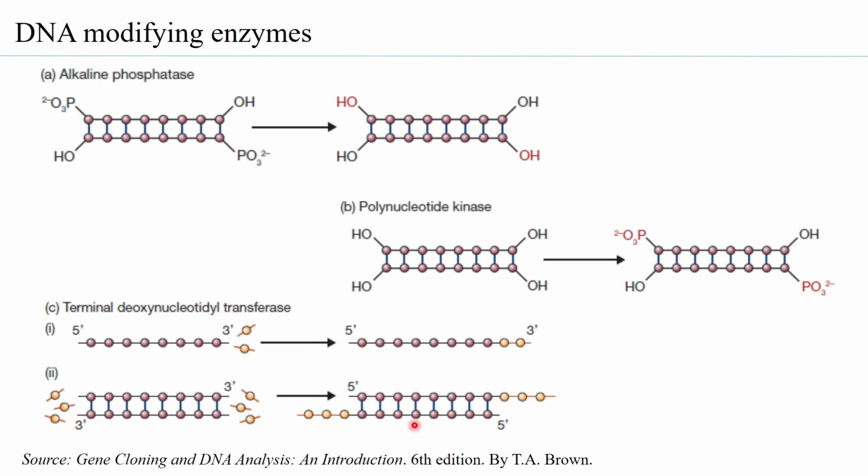So when this is the case, as the enzyme keeps adding nucleotides at the 3 prime ends, this end also is getting longer and this end is also getting longer, what you definitely are getting is a staggered DNA. So these are staggered ends. So this is something that is also very important. So you get what is called as 3 prime overhangs.